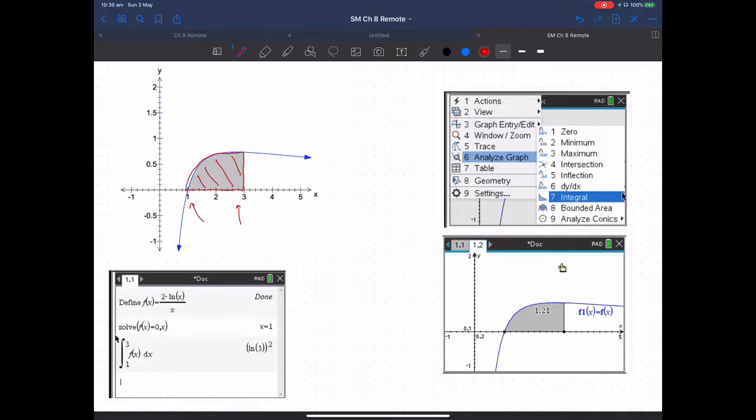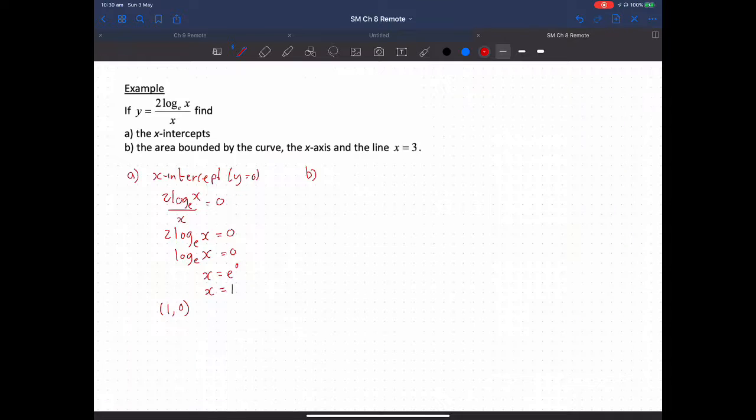Going back to our working out, what you can see is we're going to have to work out a definite integral to find the area. That definite integral we can write as A equals the integral from 1, the x-intercept we've just found, to 3, of our function.